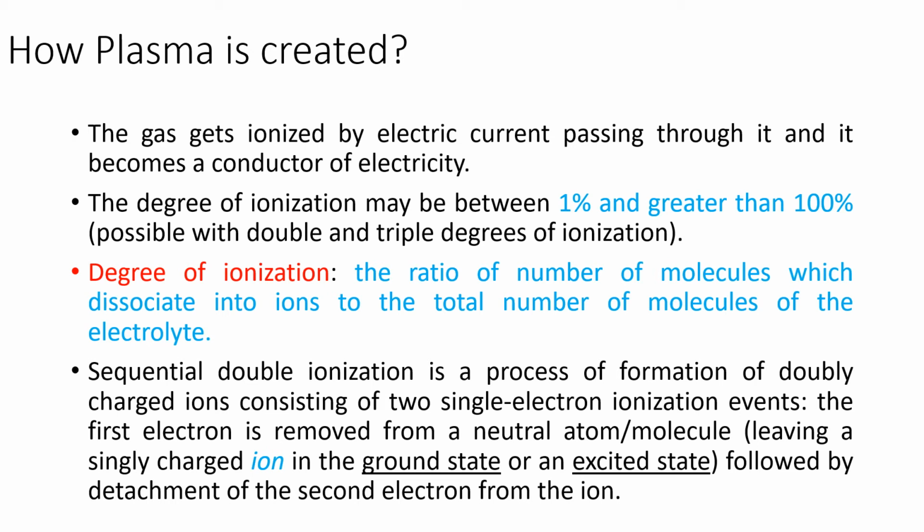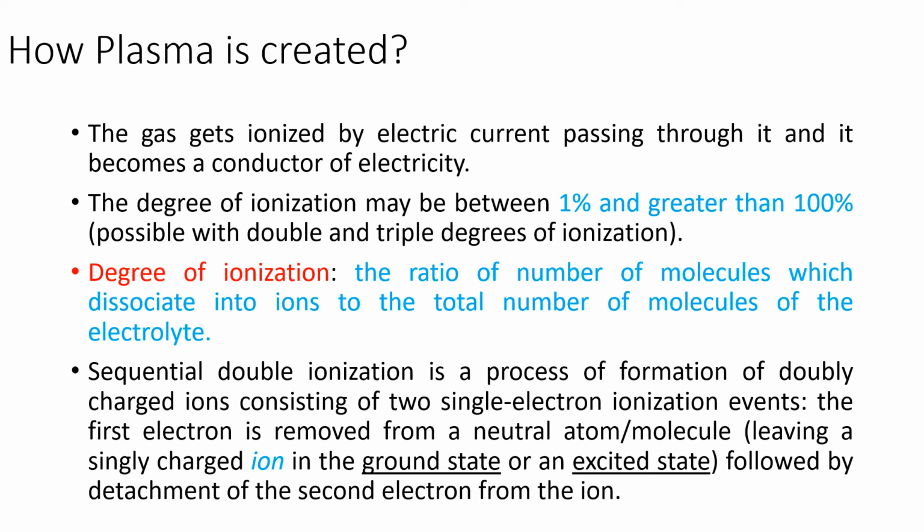In the last paragraph, sequential double ionization is a process of formation of doubly charged ions consisting of single electron ionization events. The first electron is removed from the neutral atom or molecule, leaving a singly charged ion in the ground state or an excited state, followed by detachment of the second electron from the ion.